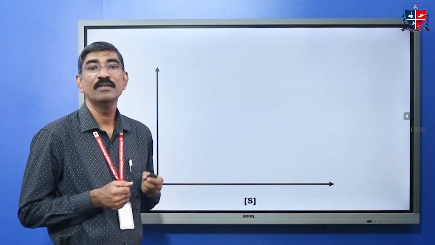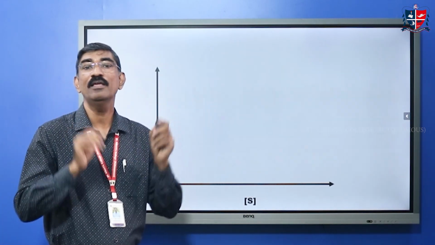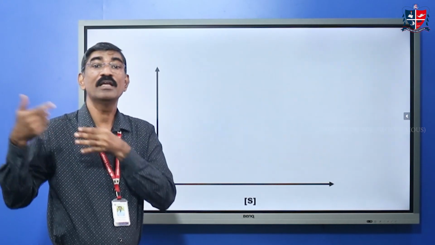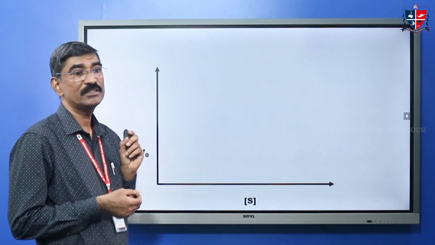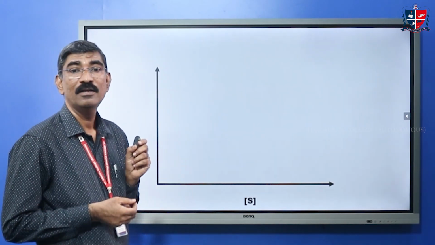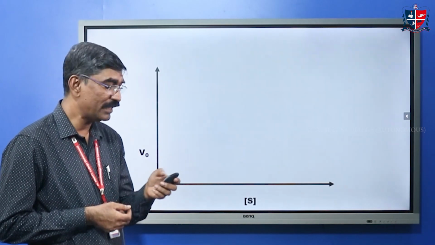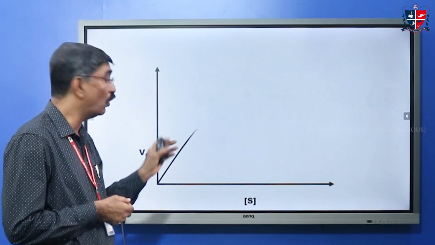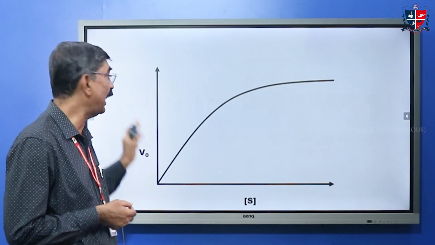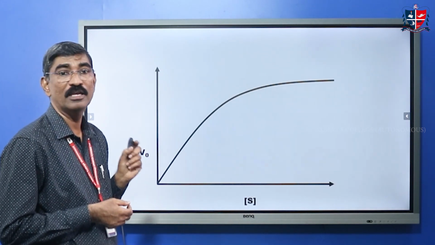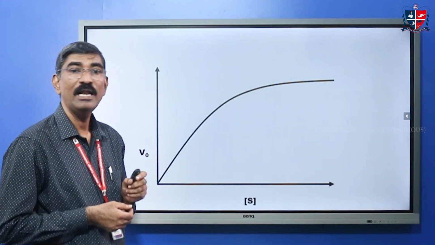An increase in the substrate concentration will definitely create an increase in the rate of the reaction, or the initial velocity. So if you plot the substrate concentration against the initial velocity, you will get a graph like this.